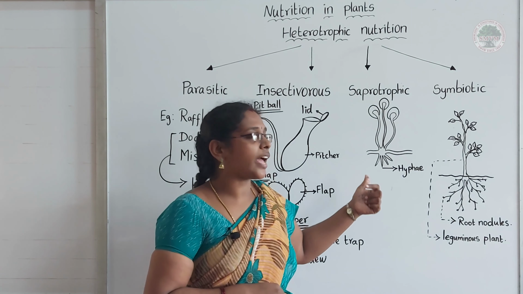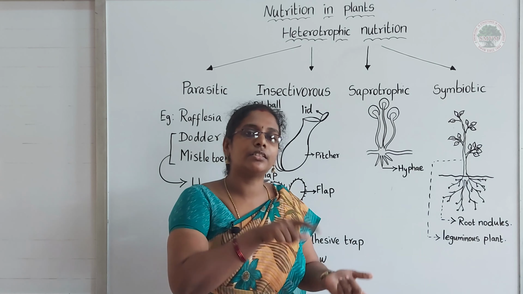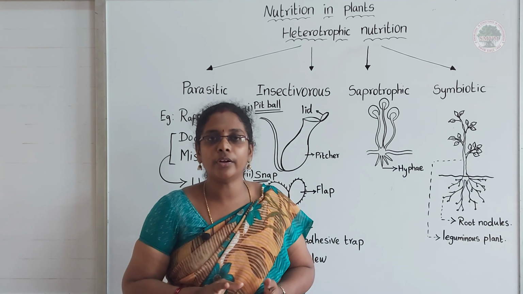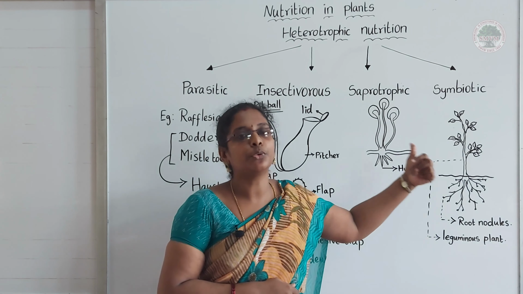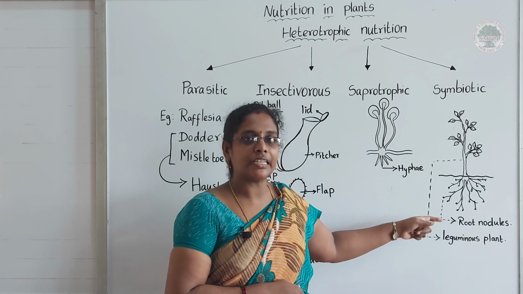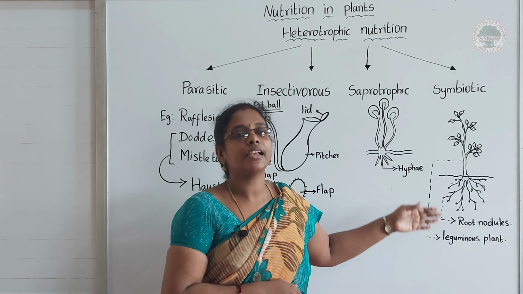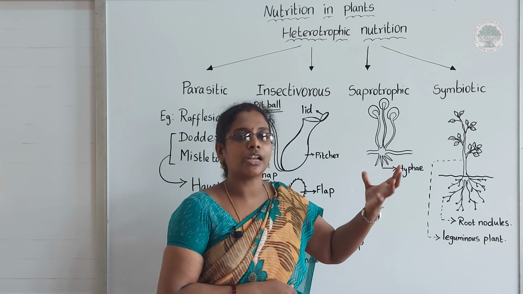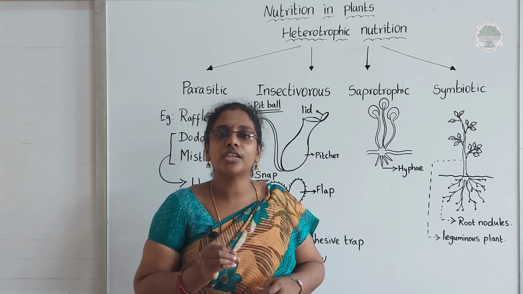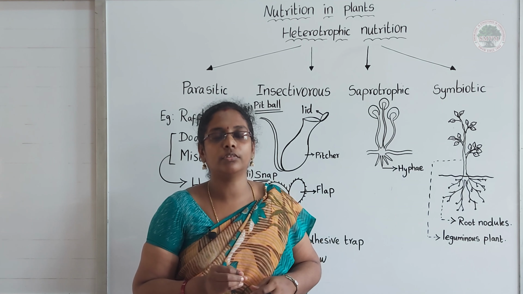The nitrogen has to be turned into a nitrogenous compound, and only then can the plants utilize it. Rhizobium helps atmospheric nitrogen change into nitrogenous compounds.